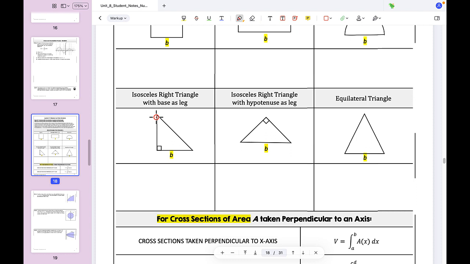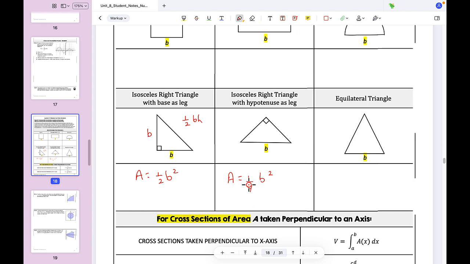Okay, so an isosceles right triangle means that the two legs are the same. So we know the area of a triangle is 1/2 base times height. Well, in this case, the area of the triangle will be 1/2 base squared. Okay. And then if the right triangle has the hypotenuse as the base, and we'll do some of this so you'll know what we're talking about once we do it, we're going to use 1/4 base squared.